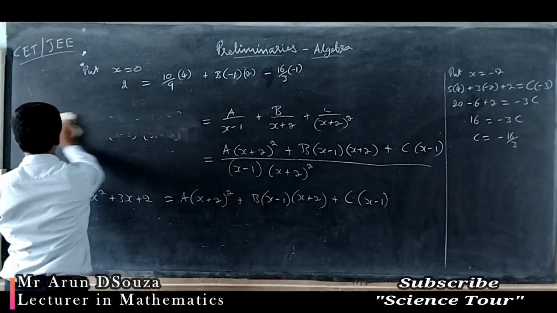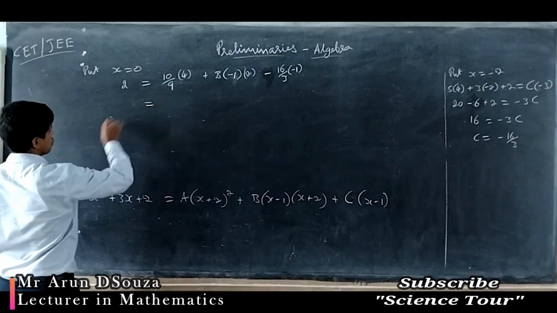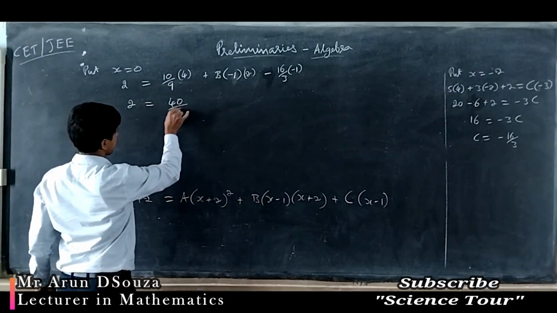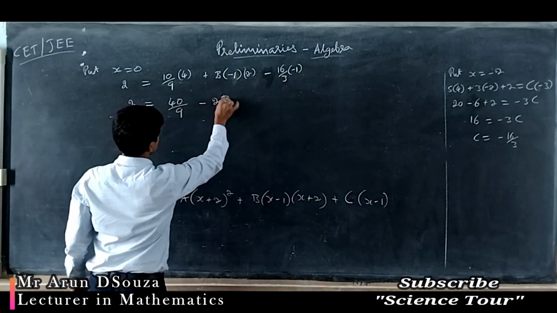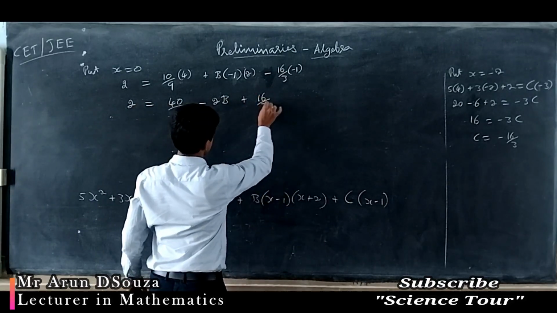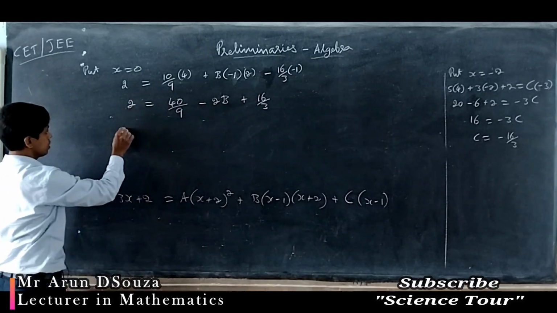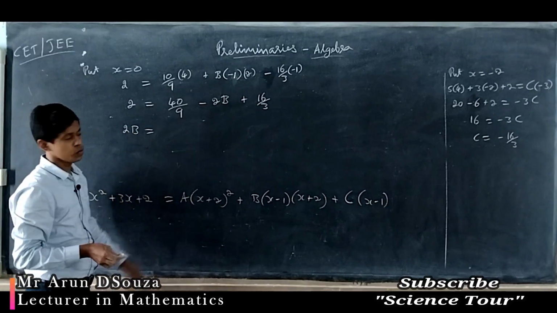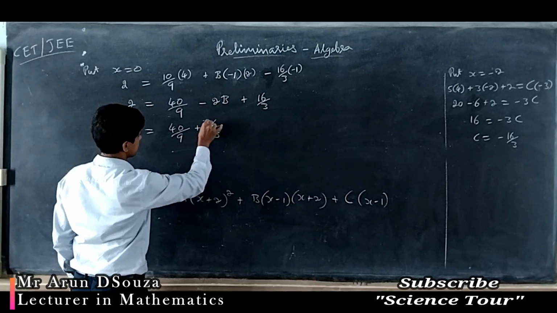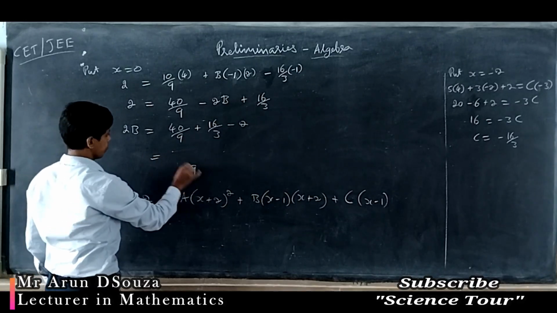Right? Okay, now what you will do, you will multiply. So 2 40 by 9, and this is minus 2b, minus 1 into 2, minus 2, and this is plus 16 by 3. What is the LCM? LCM is 9. Before that, take 2b here. So 2b is equal to 40 by 9, and that will be plus 16 by 3, and this will be minus 2 here. So LCM is 9.